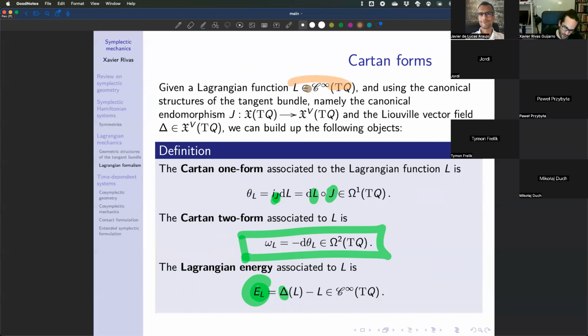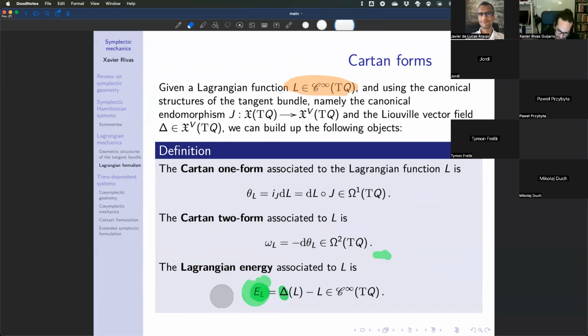So given a Lagrangian function L on TQ, we will use J, the canonical endomorphism, and the Liouville vector field to build several objects. First of all, the Cartan 1-form. What's the Cartan 1-form? It's just this thing here. Sometimes you will find it written in this way.